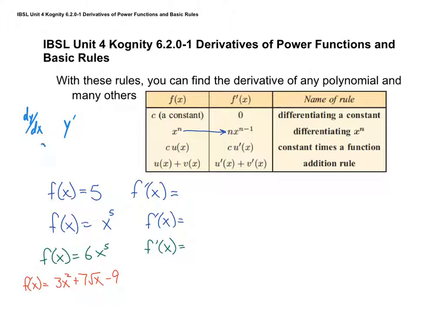If you're given f of x, you might be asked to find f prime of x. You might be asked to differentiate. All of those things are simply telling you find the derivative. That's one thing that can be a little bit confusing, but there's just a lot of different ways to express the same idea of finding the derivative.